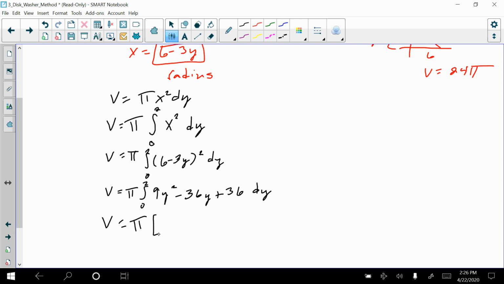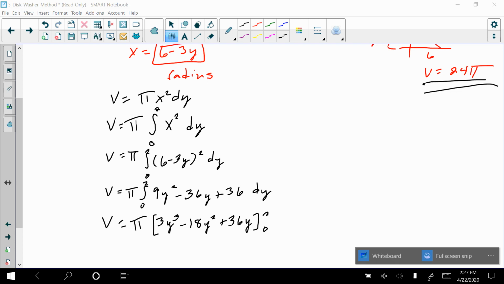So the antiderivative of the 9y squared will wind up being 3y cubed, and then we will get a minus 18y squared plus 36y, and we're going to be evaluating it from 0 to 2. And again, we already understand that the volume should work out to be 24 pi, because the volume of a cone is very easy to do with the geometry formula. So let's make sure our arithmetic works out.